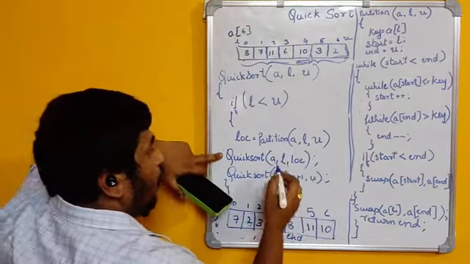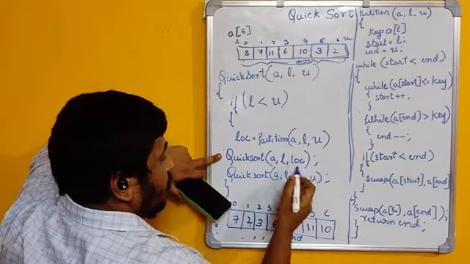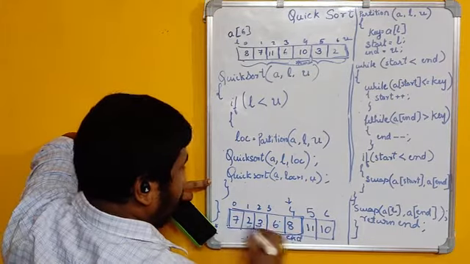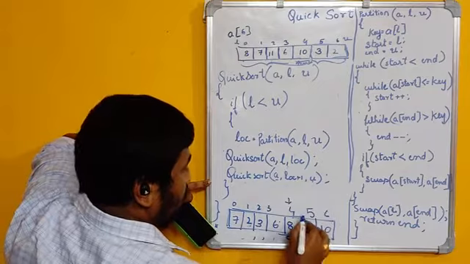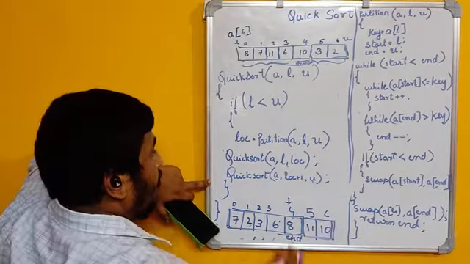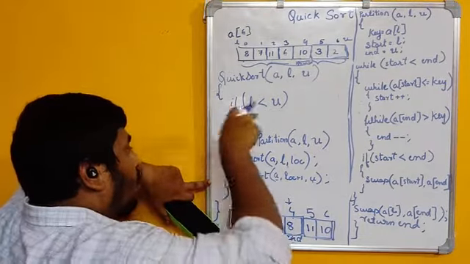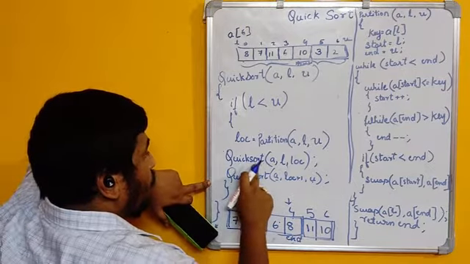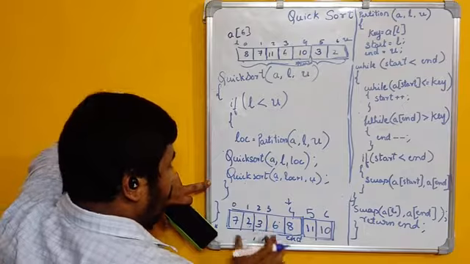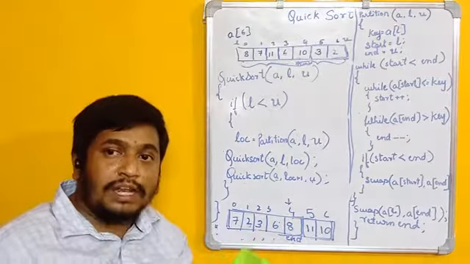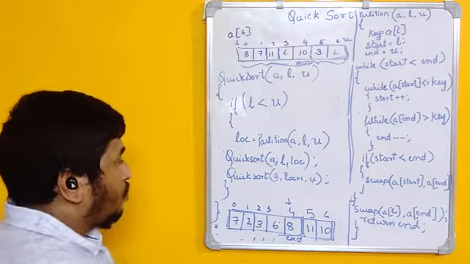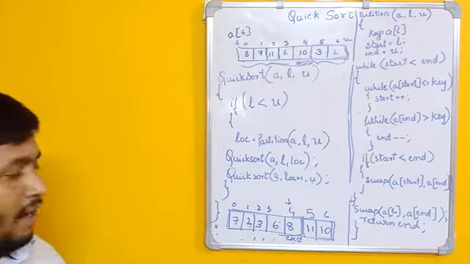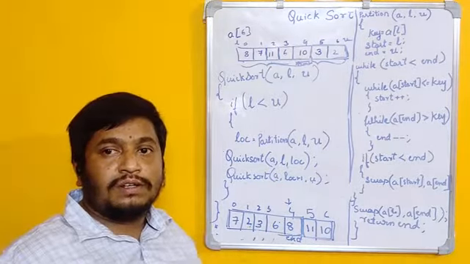Quick sort is applied till this array, and location plus 1 to U is the other part. Again quick sort will be called recursively, with whichever end the partition sends here. In each step the array will be divided, so quick sort will be recursively called again and again until the array is sorted.